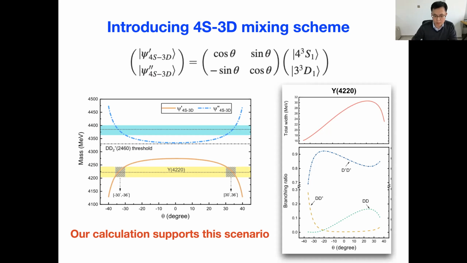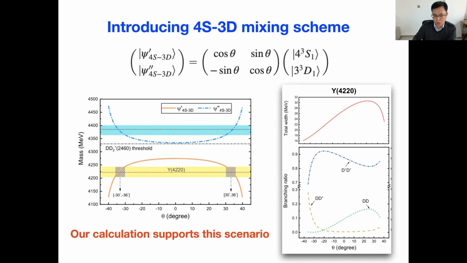So you can notice that if we introduce the unquenched quark model, we can give the predicted mass. If we take the mixing angle to be 0, it means that there is no mixing, so the 4S is above the mass of the Y4220.